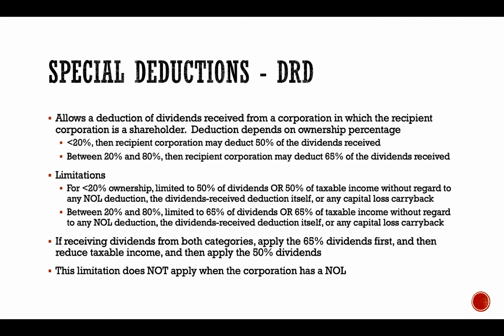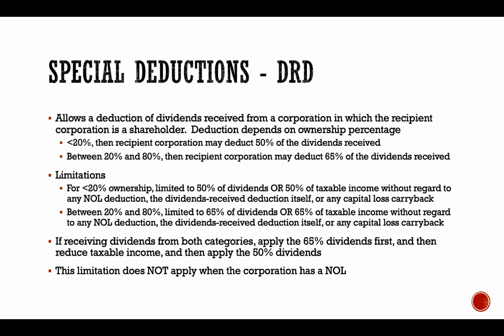If you receive dividends from both categories, so if you own shares in multiple corporations, some you own less than 20%, some you own between 20 and 80, you'd have dividends in the 50% category and the 65% category. If that applies to your corporation, you apply the 65% dividends first, and then you reduce the taxable income, and then apply the 50% dividends.